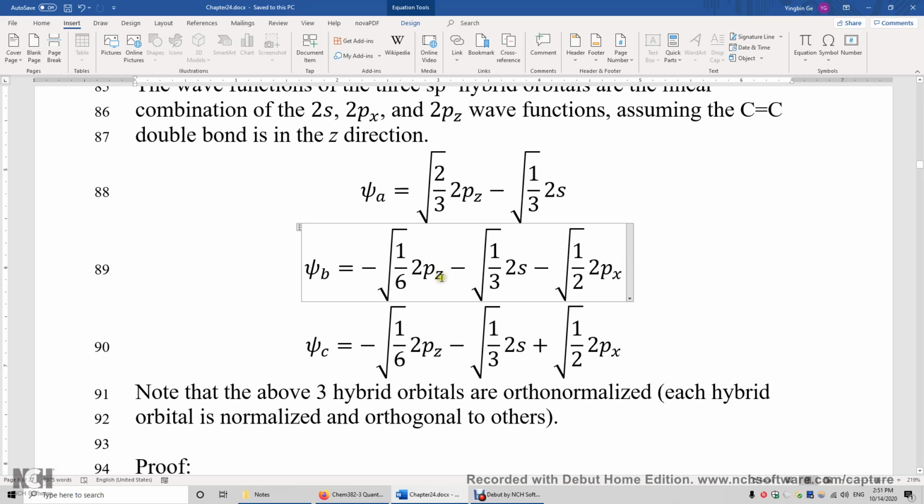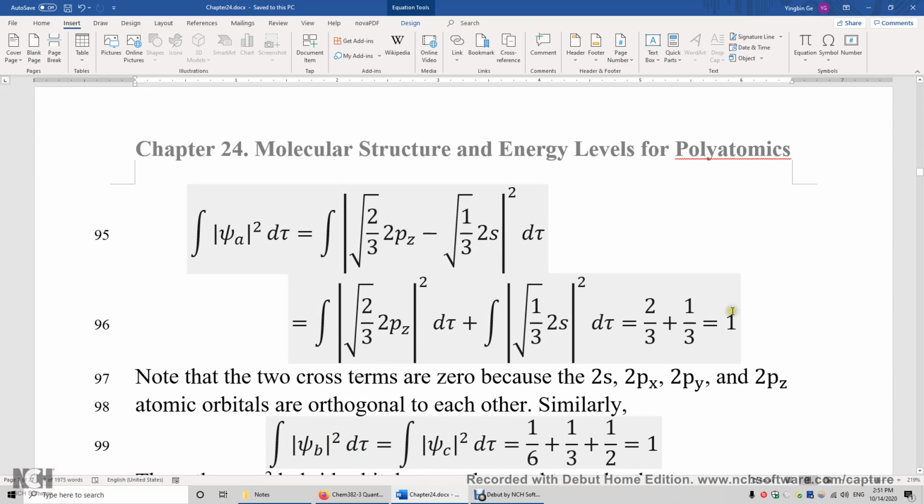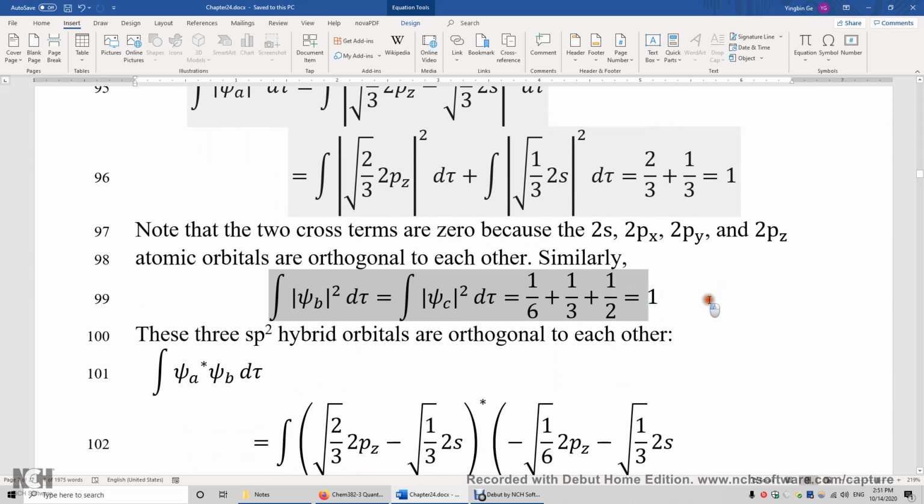So all you need to do is get this squared, which is 1/6. This guy squared is 1/3, and this guy squared is 1/2. So 1/6 plus 1/3 plus 1/2 is simply 1. Okay, so over here. And similarly, you can prove this psi sub c is also normalized.